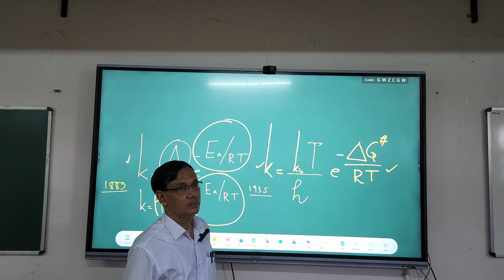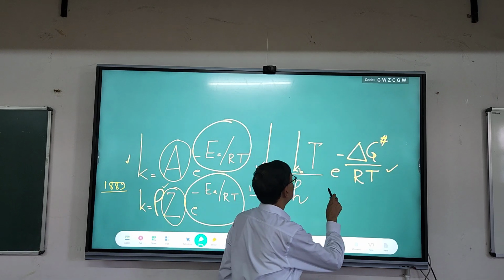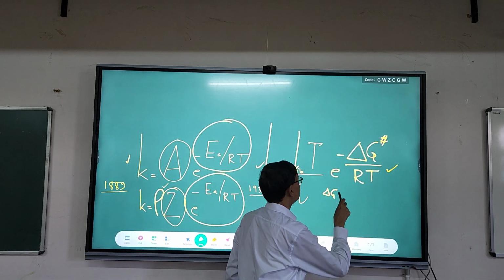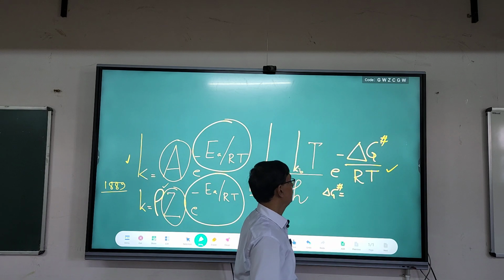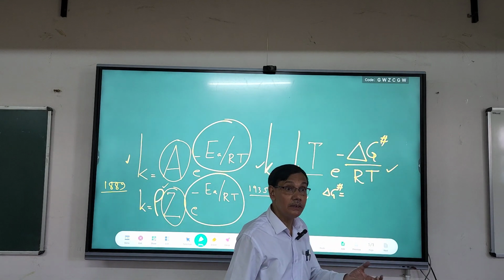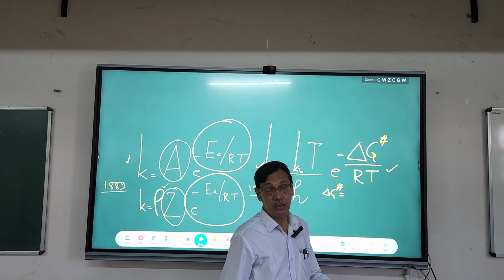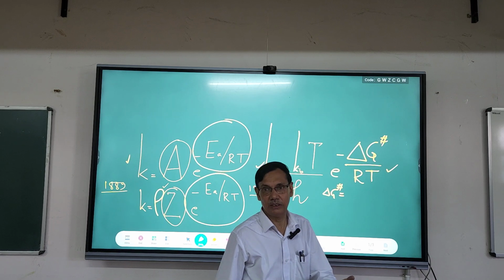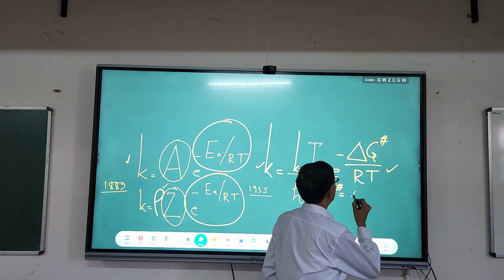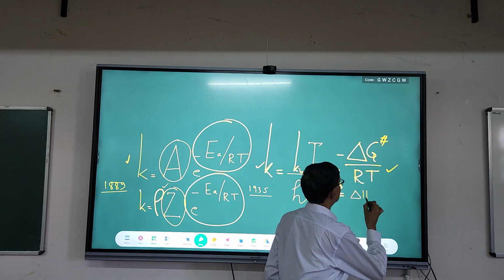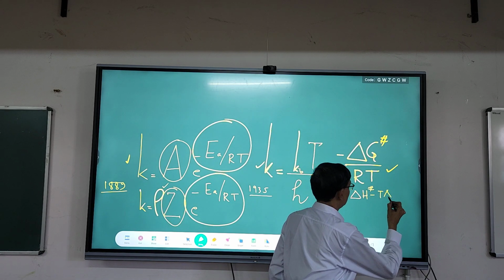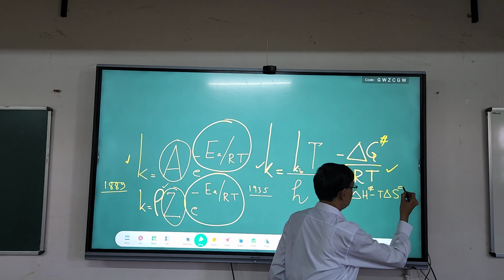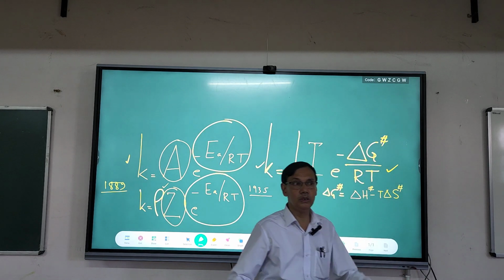And you all know that delta G, which is called the free energy of activation, I will explain what the free energy of activation is, is equal to the enthalpy of activation, and a very well known equation, you all know, this is called the Gibbs-Helmholtz equation.